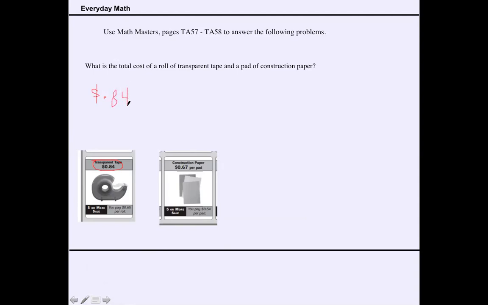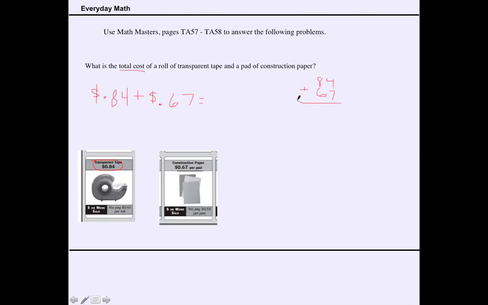So I'm doing the total cost, so I know I have to add, plus 67 cents. So I'm going to add 84 plus 67. So I'm thinking of this in cents.